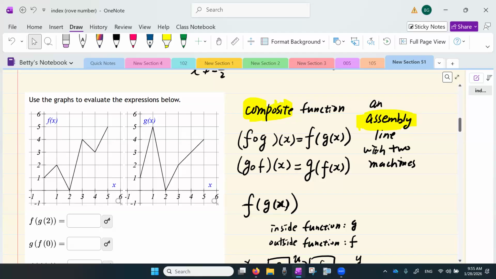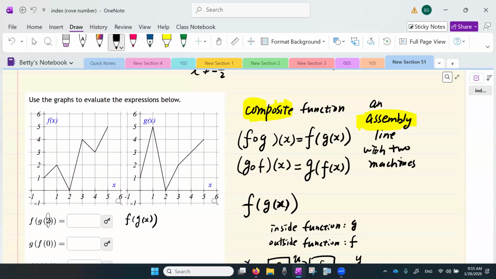And let's look at the notation. We need to find the value for f of g of 2. What does that mean? This notation means the output of the composite function f of g of x when the input is 2.